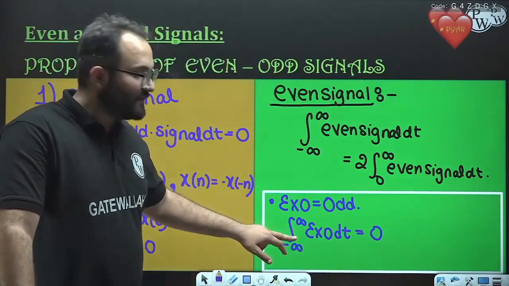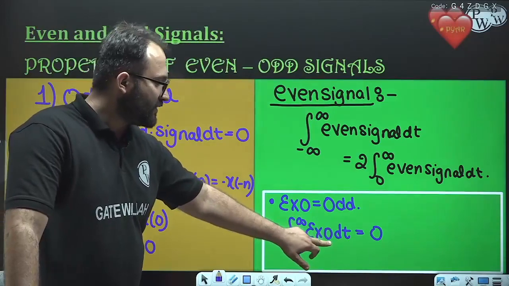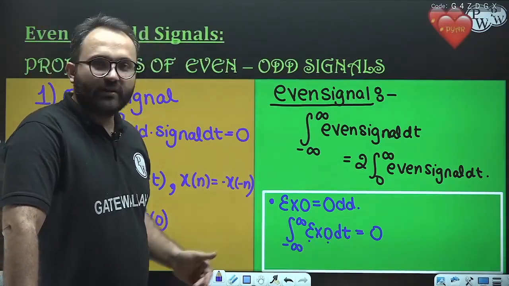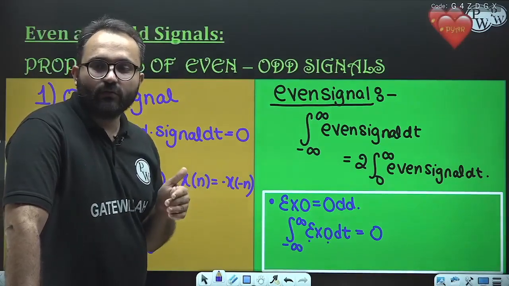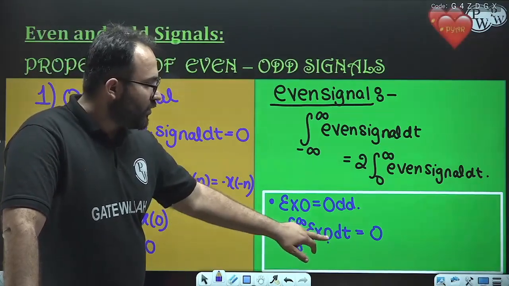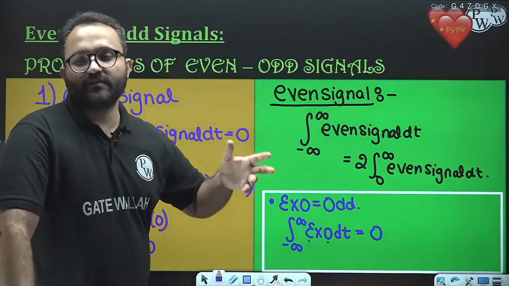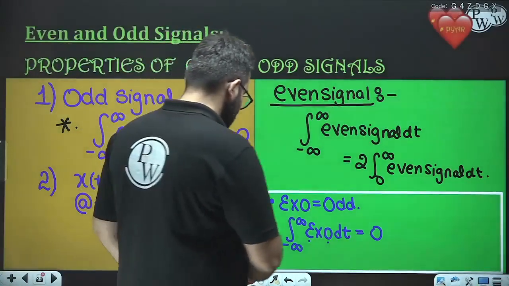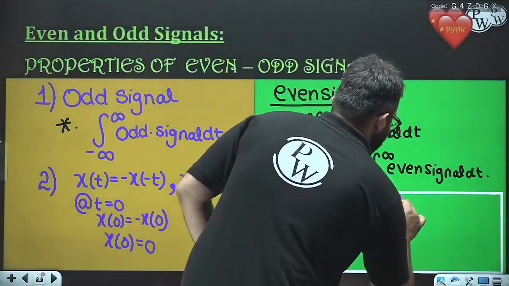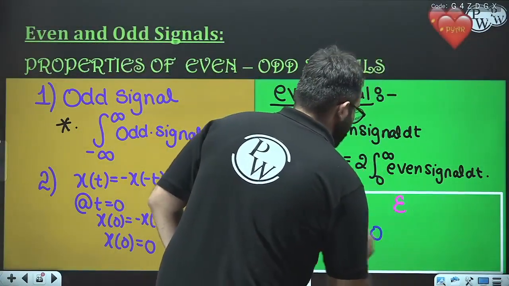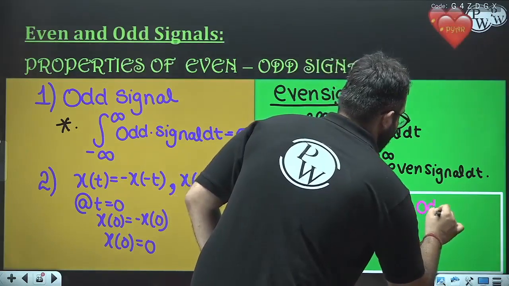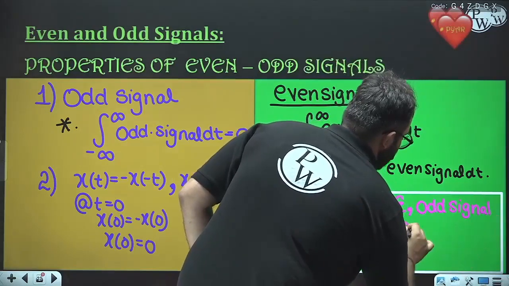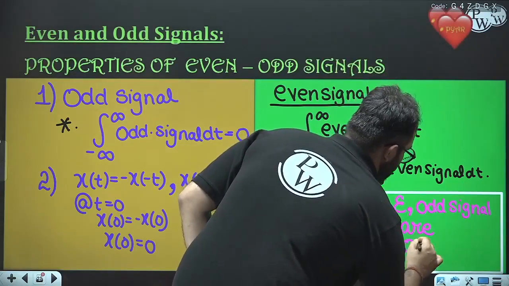If we have any even signal and any odd signal, we multiply them and integrate from minus infinity to infinity, then we will get result 0. Why? Because even into odd is an odd signal, and odd signal integration from minus infinity to infinity is 0. So we can see that even and odd signals are always orthogonal to each other.